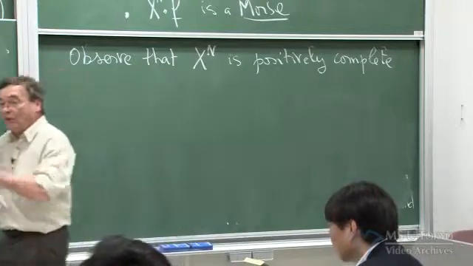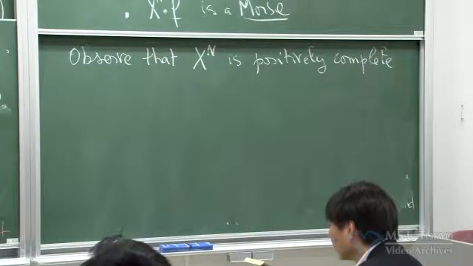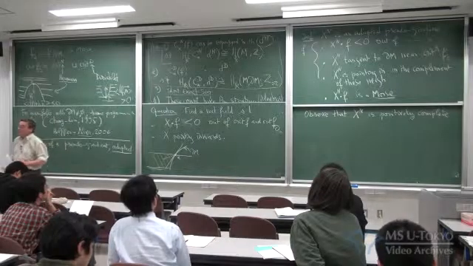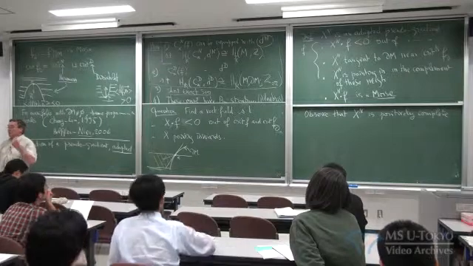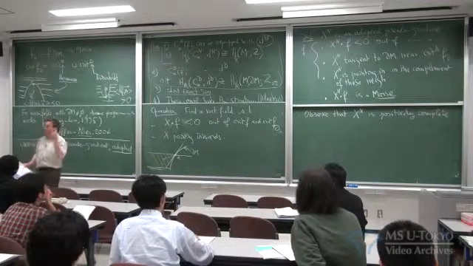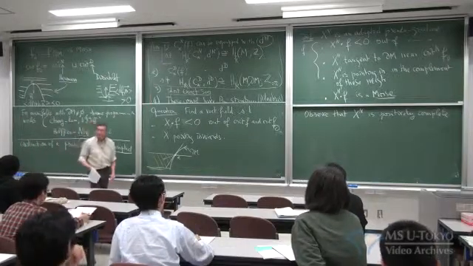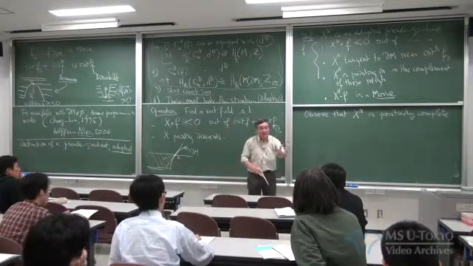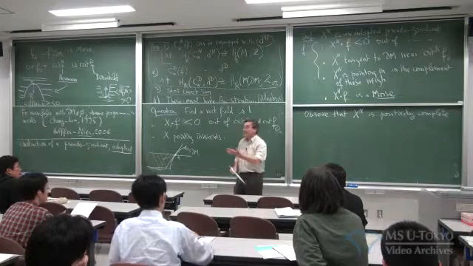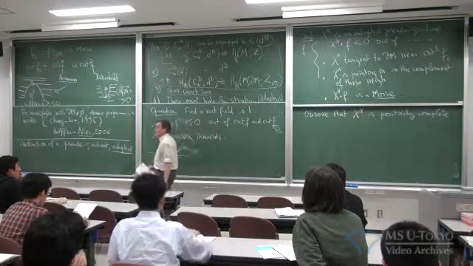That means you have a complete flow in the future, for positive time. It is impossible to go in the past because you get out of the manifold. But in the future, maybe sometimes the orbit is tangent, but it is never going outside.